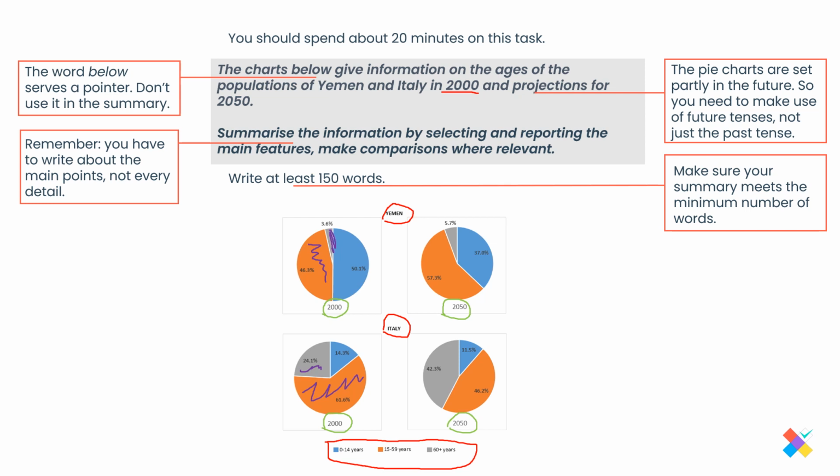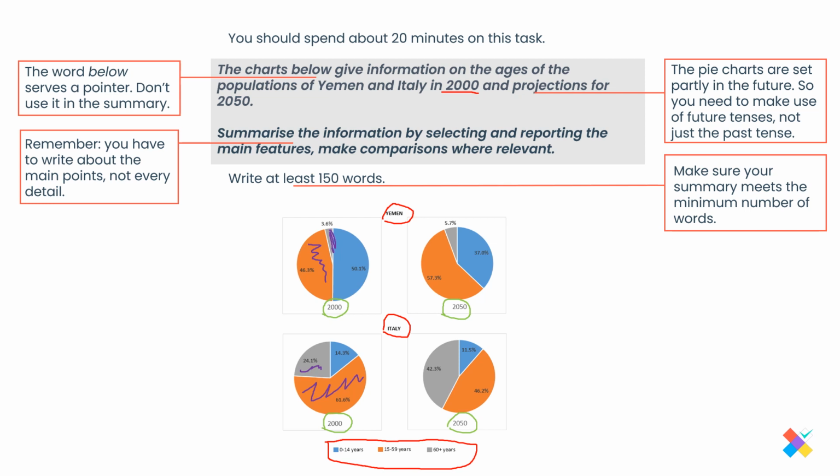Okay, what is the most significant or the most important piece of information displayed? Well, yes, the fact that Yemen has a very small proportion of people over 60 years in both situations. So if you have a look over here, and then again in 2050 compared to Italy, right?